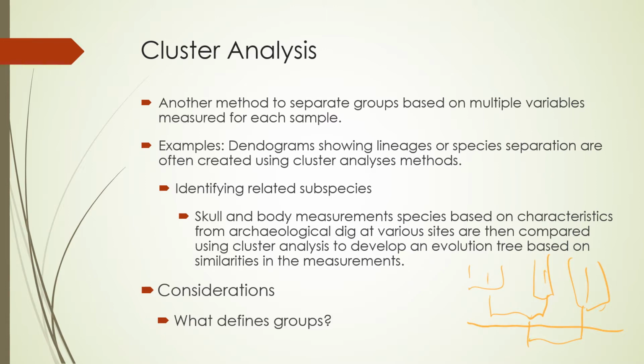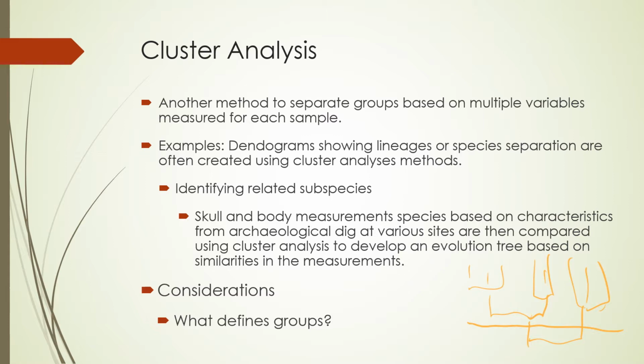But you go out and take a number of measurements of, maybe something at an archaeological dig, or looking at a bunch of species in a particular genus, for instance, and asking, where do you see sort of cutoffs in similarities among those species? And I've drawn a sketch of a dendrogram here.